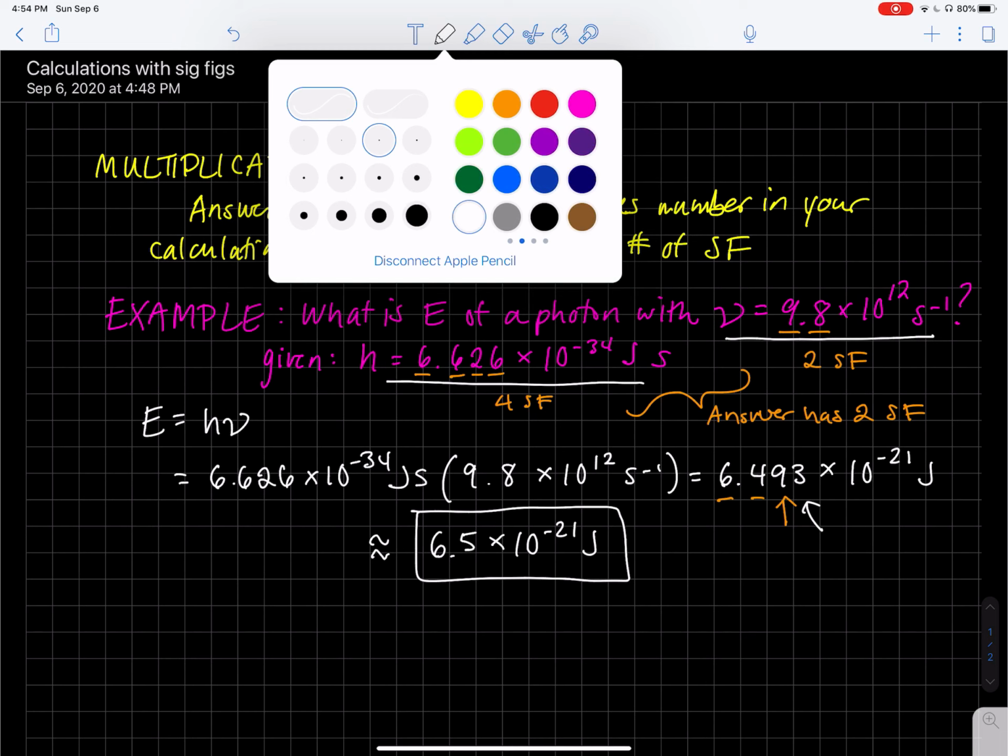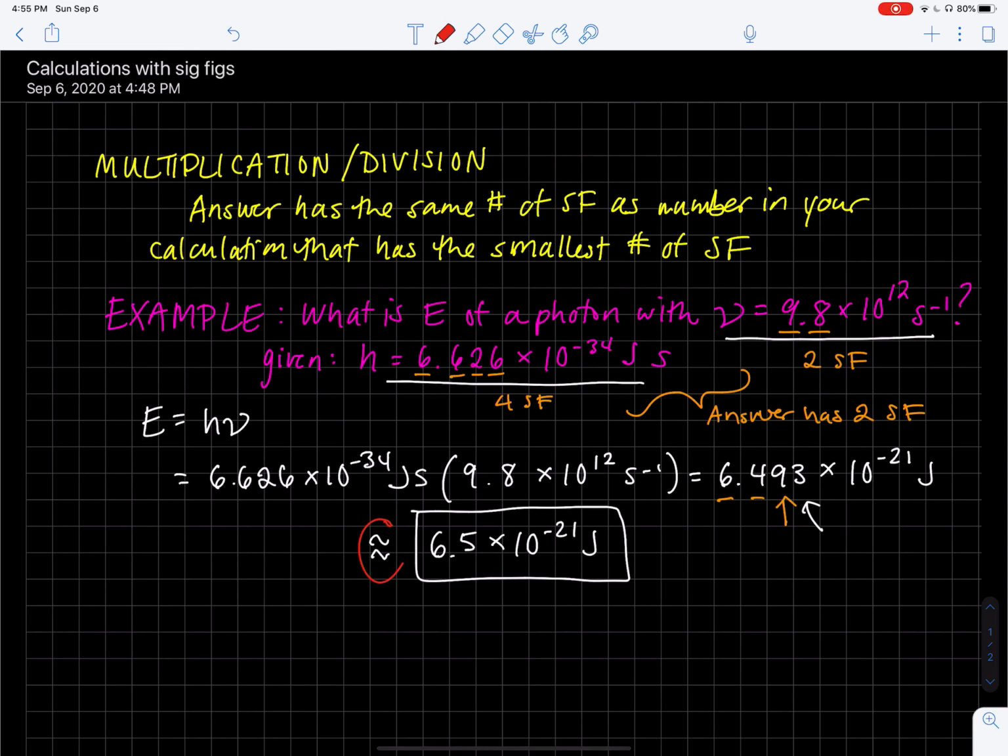Don't do that, because this is the answer. This is the real answer. Because really, you don't know beyond that tenth of a decimal point here what this number should be because of sig figs. So that's the answer.